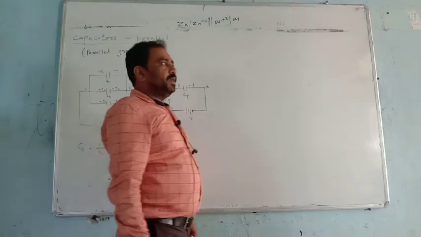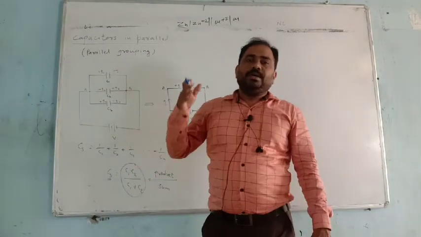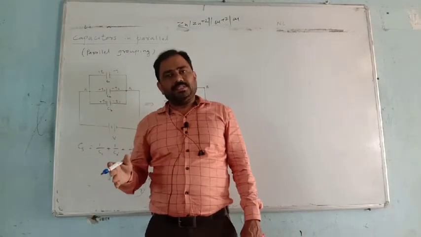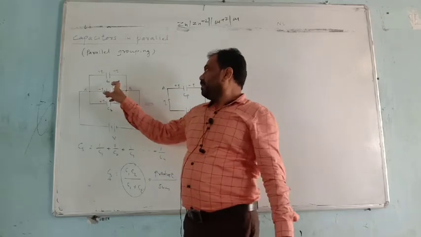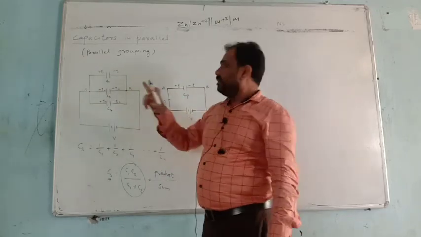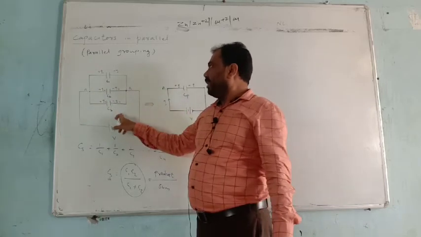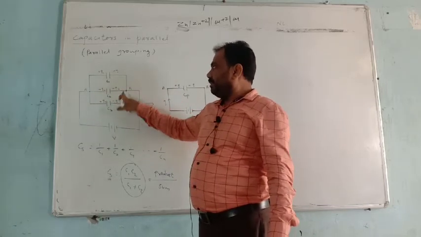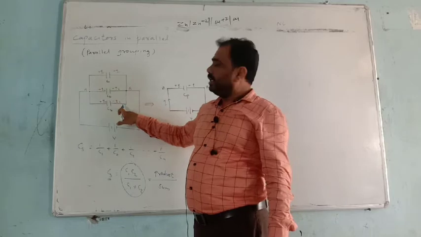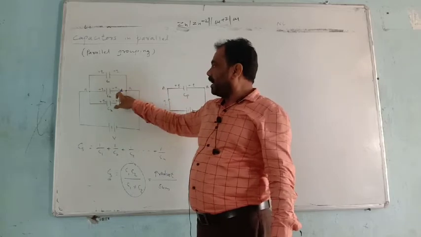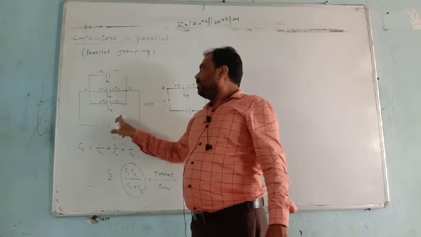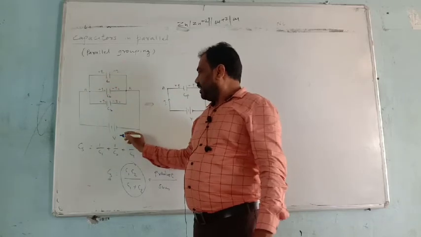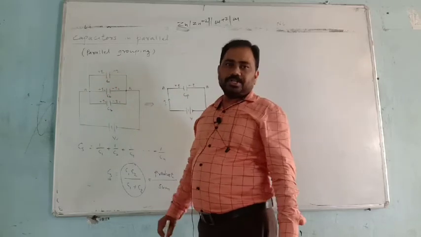Today we are going to discuss what happens if a number of capacitors are connected in parallel. So see here, three capacitors are here, that is C1 C2 C3. They are connected parallel to each other, and if the condensers are parallel to each other, then all these condensers have only one potential difference.